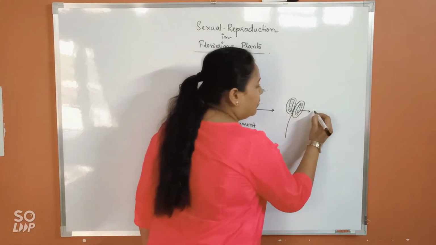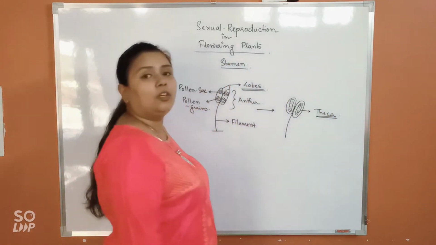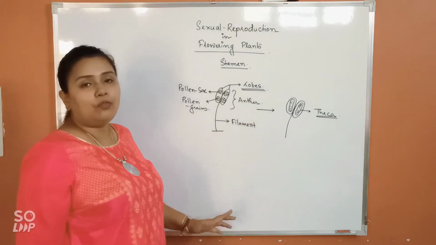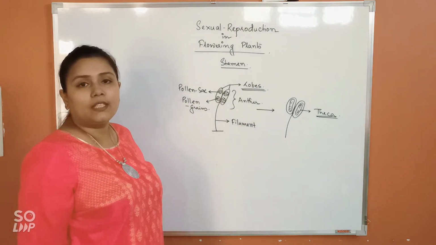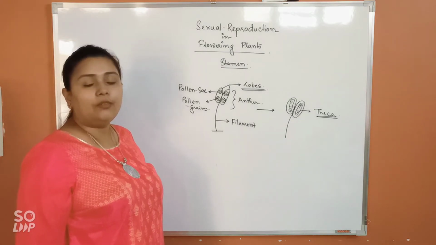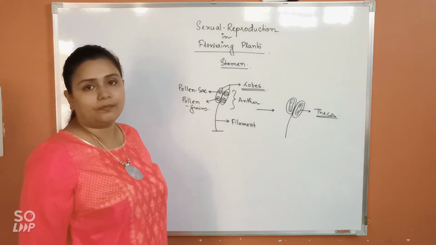This single chamber would be termed as theca. And because each lobe is possessing one theca, we will call it bithecous or dithecous condition.